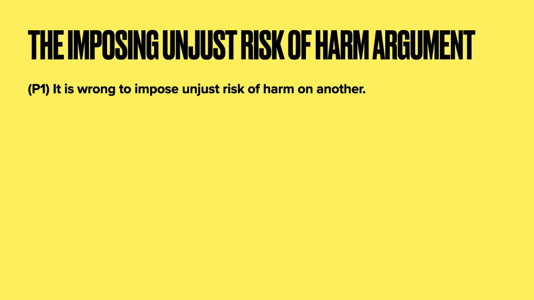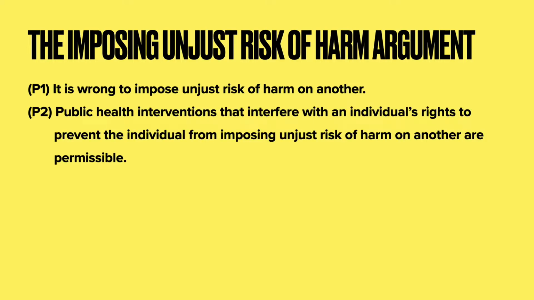So Brennan's going to present this argument from imposing unjust risk of harm to others. And so he's going to say that this argument is going to be strong enough to justify vaccine mandates. Okay, so premise one, it is wrong to impose unjust risk of harm on others. Premise two, public health interventions that interfere with an individual's right to prevent the individual from imposing unjust risk of harm to others are permissible.